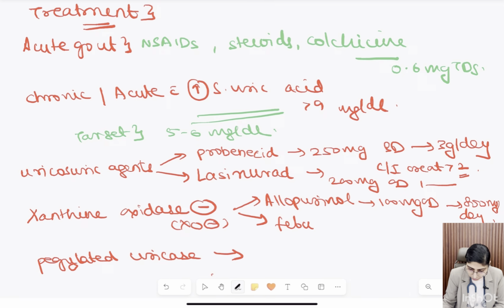The next xanthine oxidase inhibitor is febuxostat. Its name has xanthine oxidase, XO, in it. So easy to remember. Xanthine oxidase stat, something that pauses or inhibits xanthine oxidase, right? So febuxostat. Half of the medications have the mechanism in their name itself.